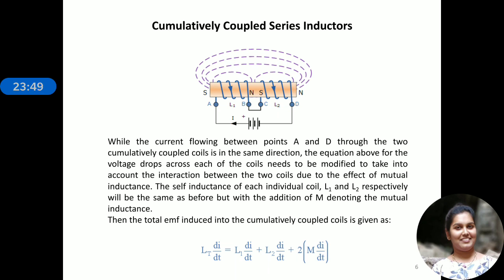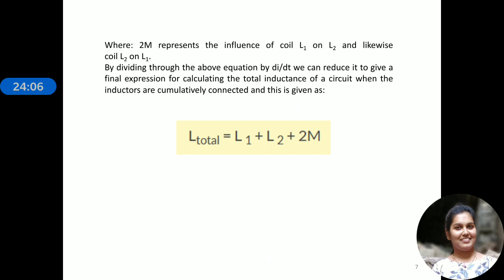Got the point? To simplify the expression, like we did previously, we divide it by di/dt. By dividing this expression by di/dt, we get the final expression for calculating the total inductance of the circuit.